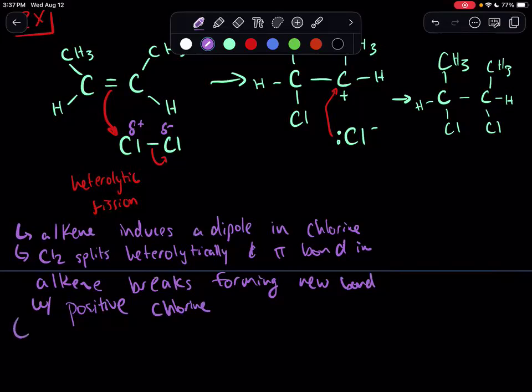Then this ends with the chloride ion attracting to the carbocation, forming a coordination bond.